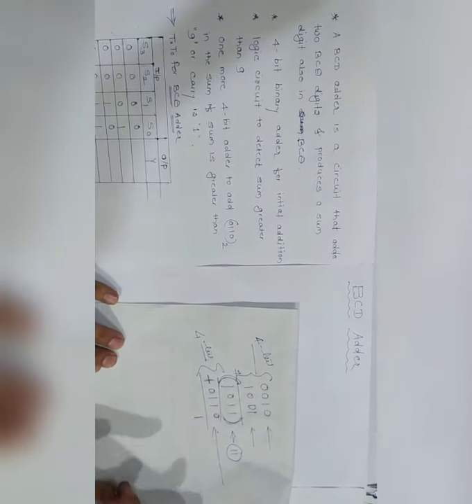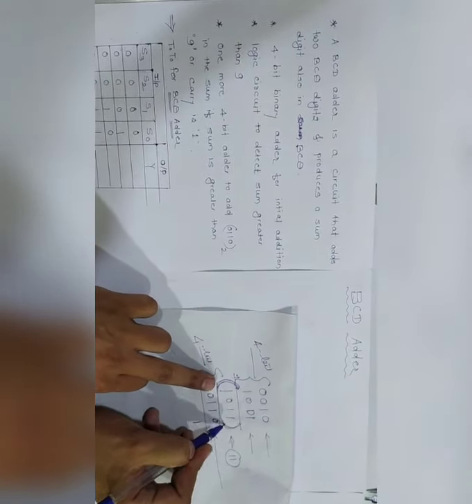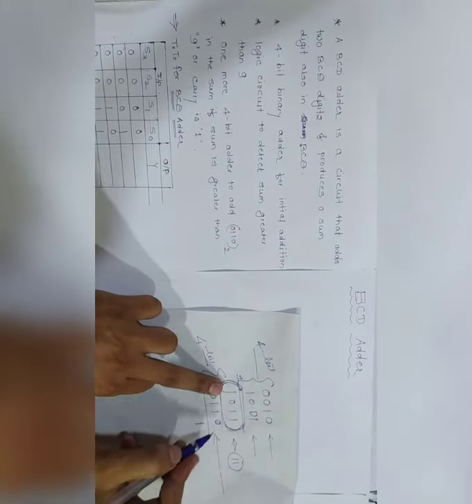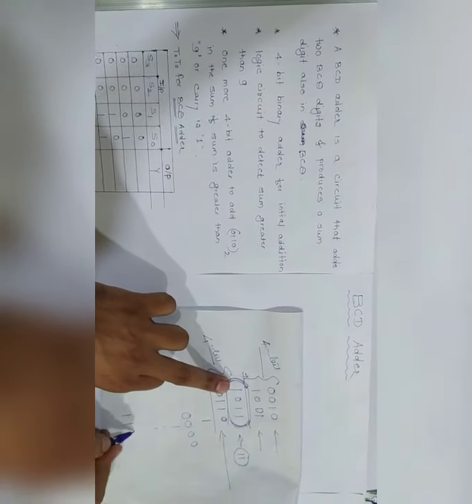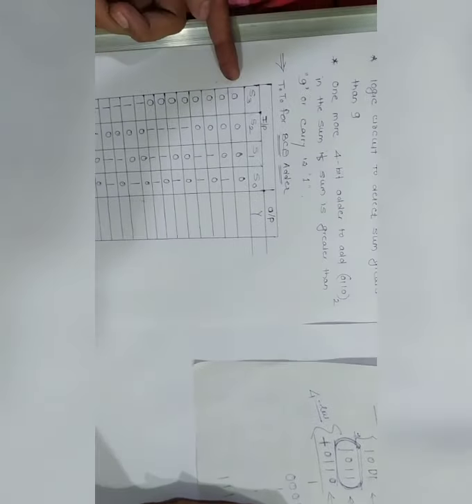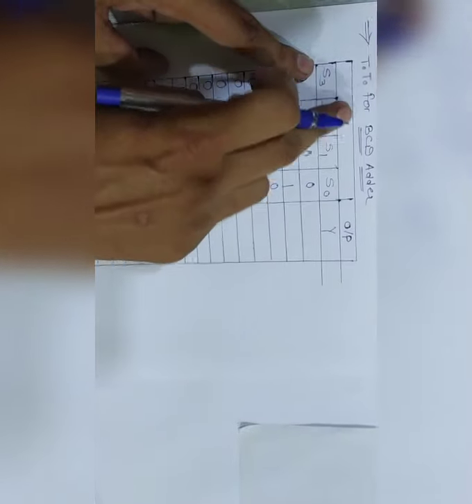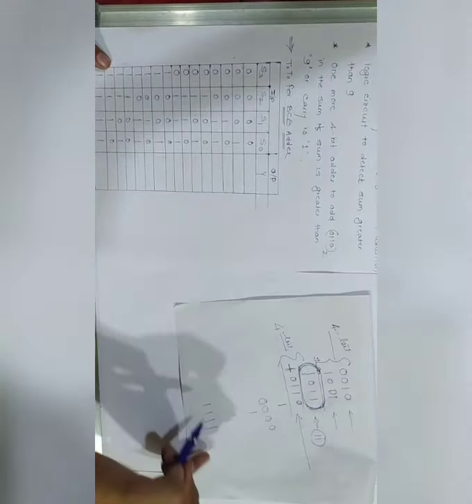Now you can see the possible sum is from 0000 to 1111. That's why I am writing here S0, S1, S2 and S3 with carry, as my possible sum combinations. Whatever output you get, the possible output is 0000 to 1111.